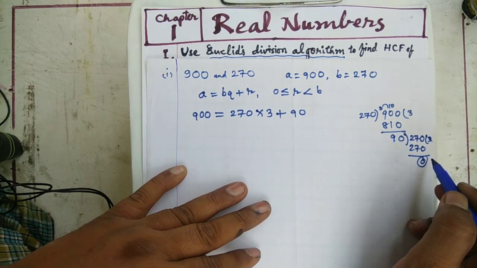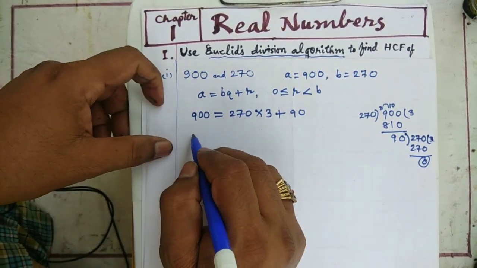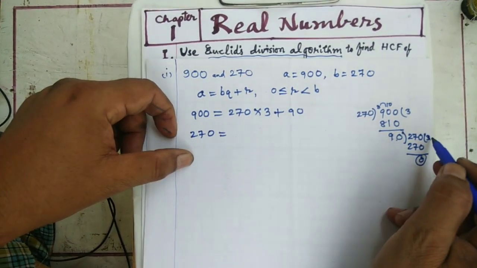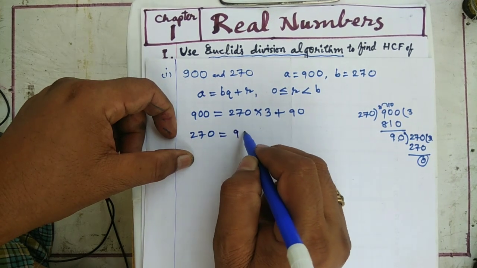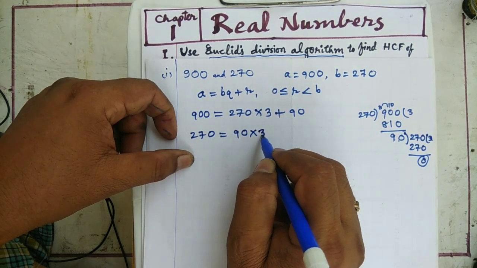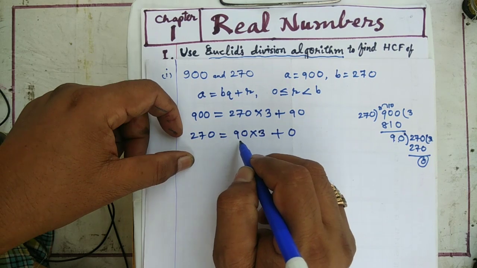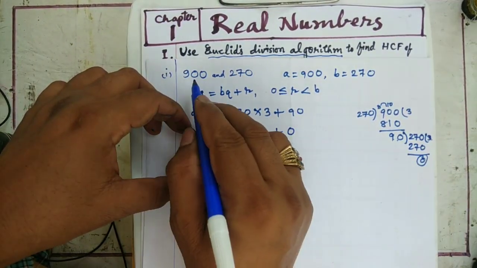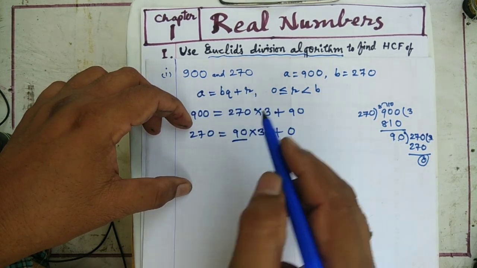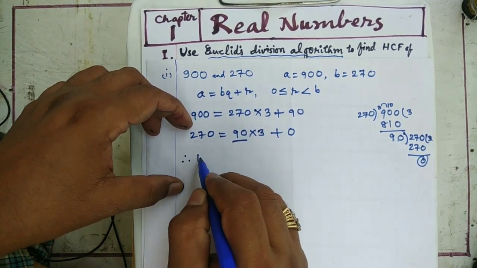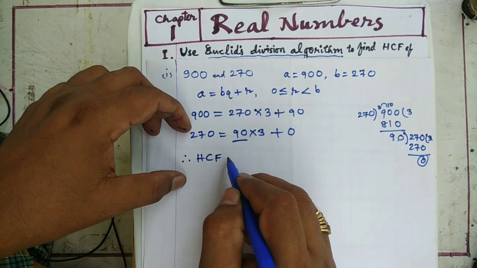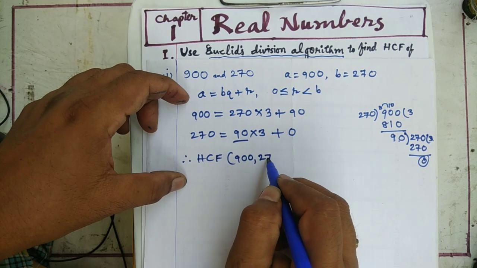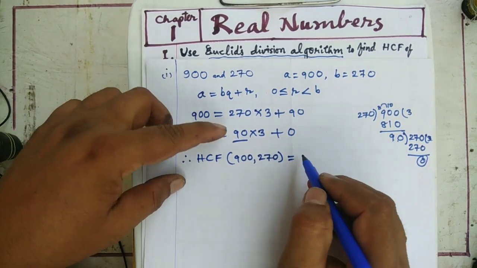This can be written as 270 is equal to 90 into 3 plus 0. So this last divisor is the HCF of 900 and 270. Therefore, HCF of 900 and 270 is 90.